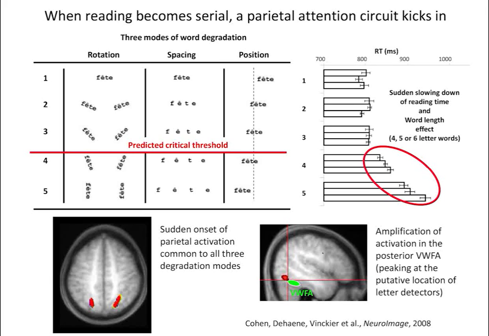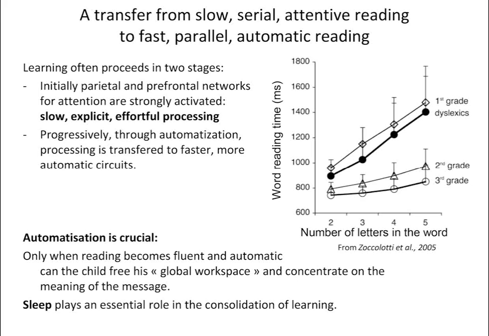What is happening here is that we turned an adult reader into a child reader. We forced an adult subject to go back to this slow mode, which is characteristic of beginning readers, where you have to go slowly to assemble these letters. And we know this is extremely important in the course of reading development. And in fact, for many, many different types of learning, including arithmetic learning, for instance, very often you see two stages.